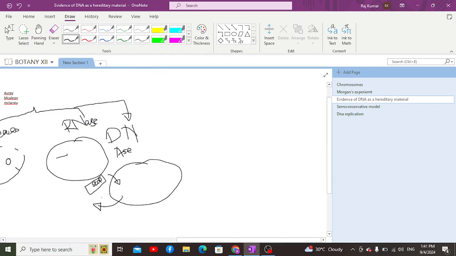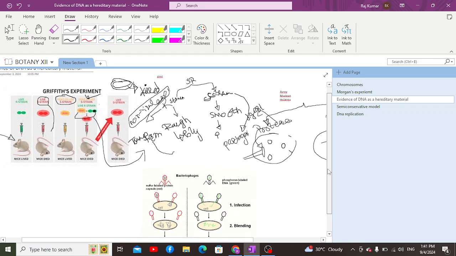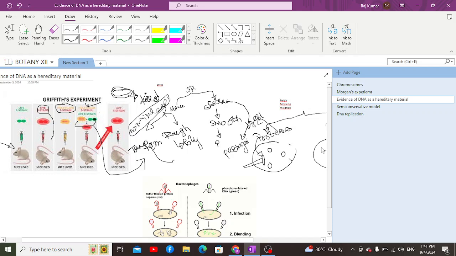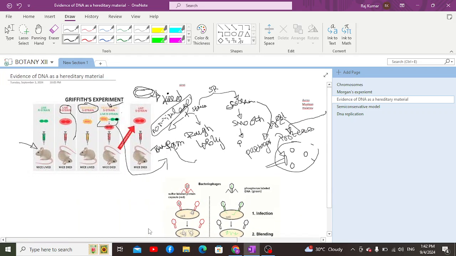This clearly confirmed that DNA was the hereditary material being transferred from the dead virulent S strain to the alive non-virulent R strain.